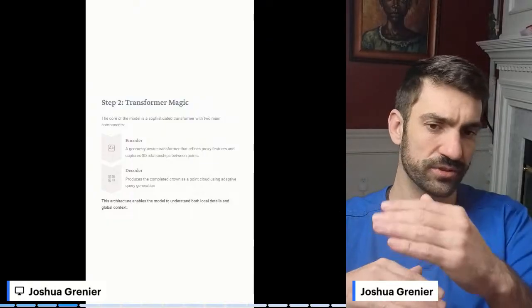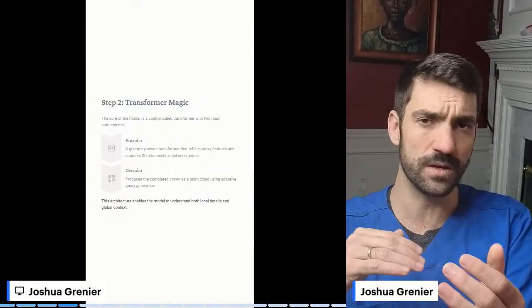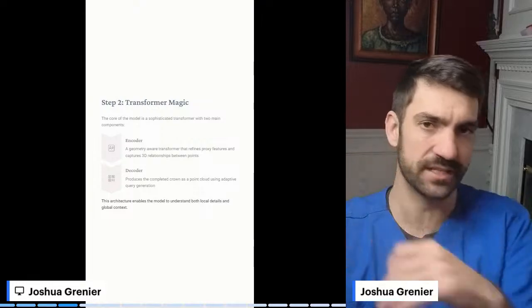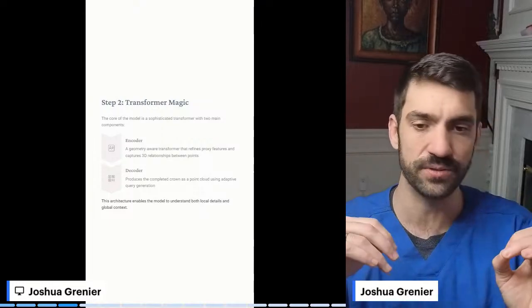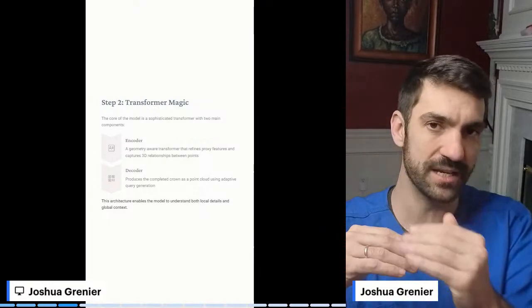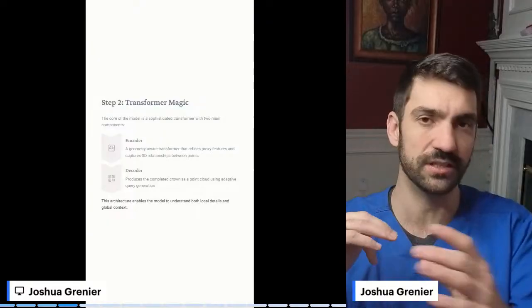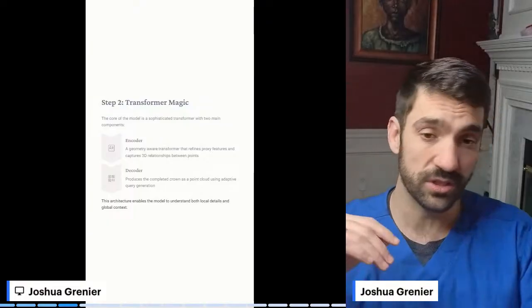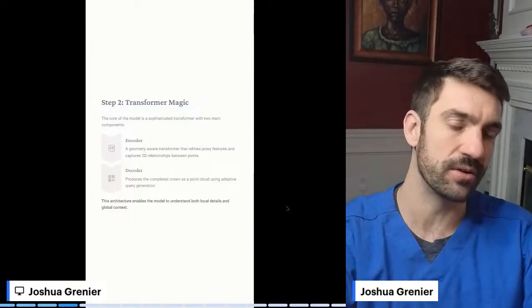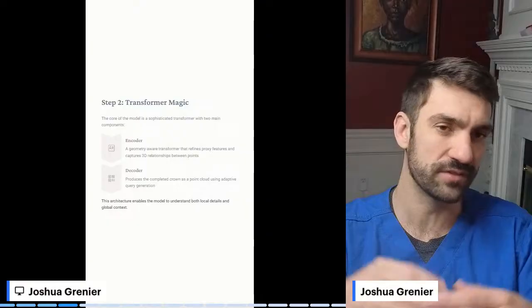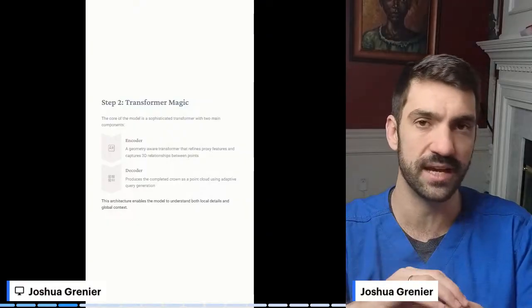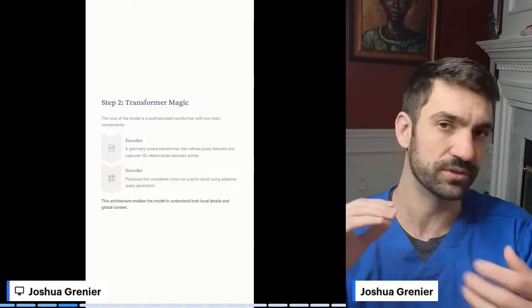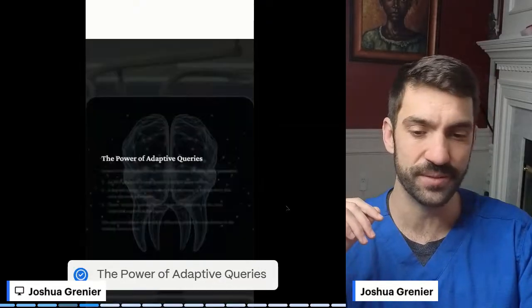These queries are almost an if-then, where you have a query and you have a key, and that spits out an answer, or the value. So you essentially can ask many, many different questions of the point cloud. And it's really quite an incredible thing how these fundamentally work. Obviously, it's much, much more complicated than that. I'm not sure how many parameters this model used, but it was very, very many.